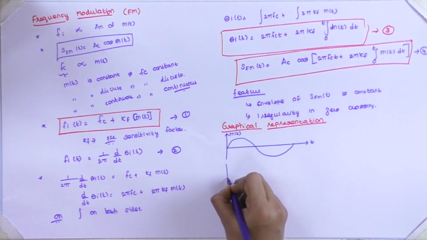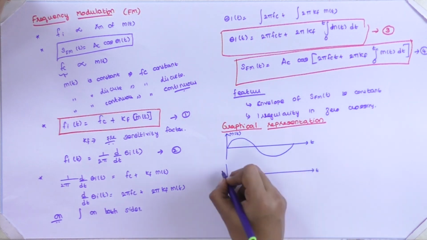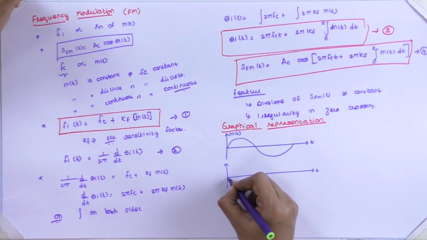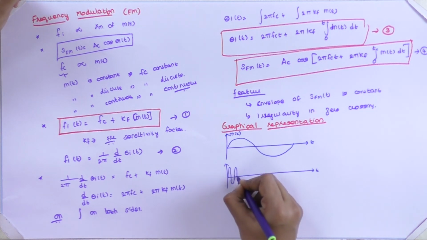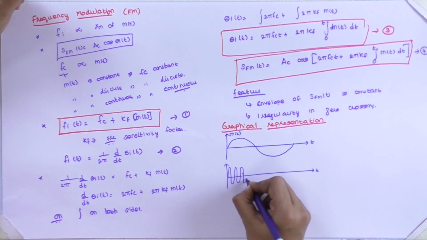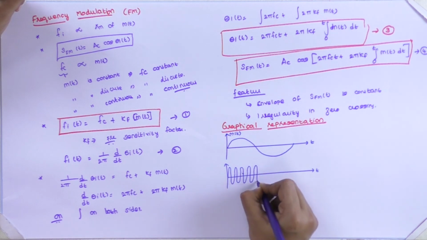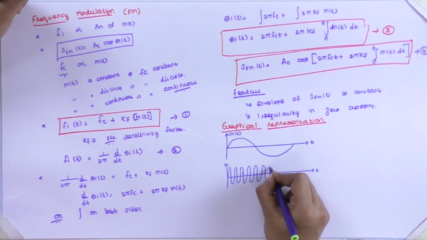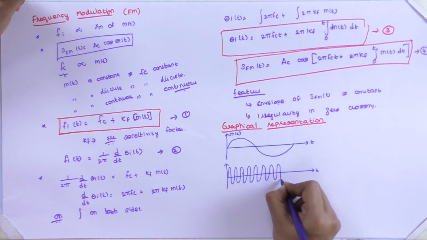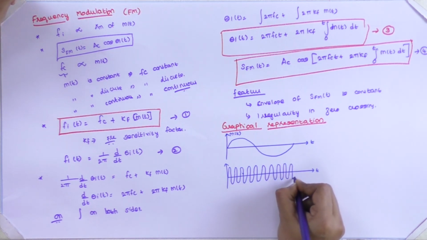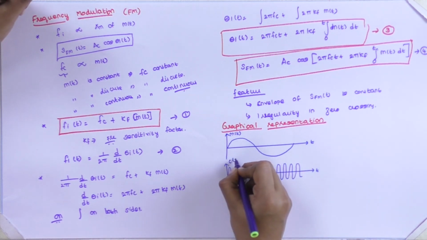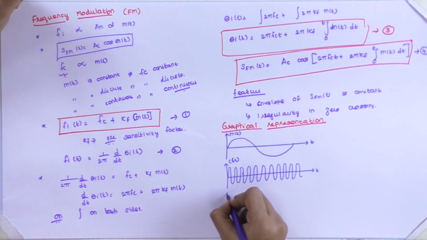This is our carrier signal, a high frequency signal compared to the low frequency message. So this is our C of t carrier signal.